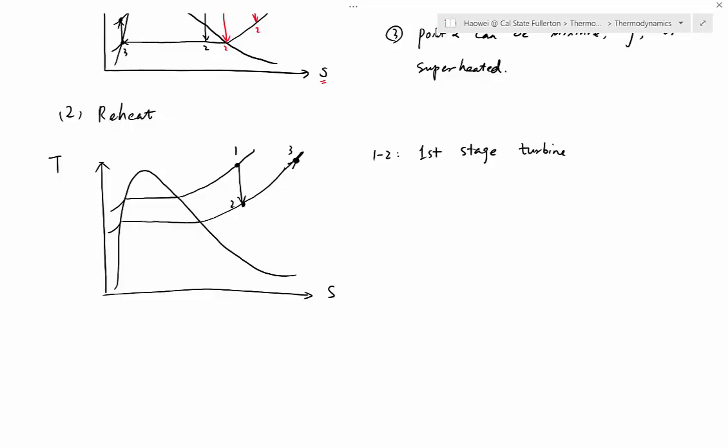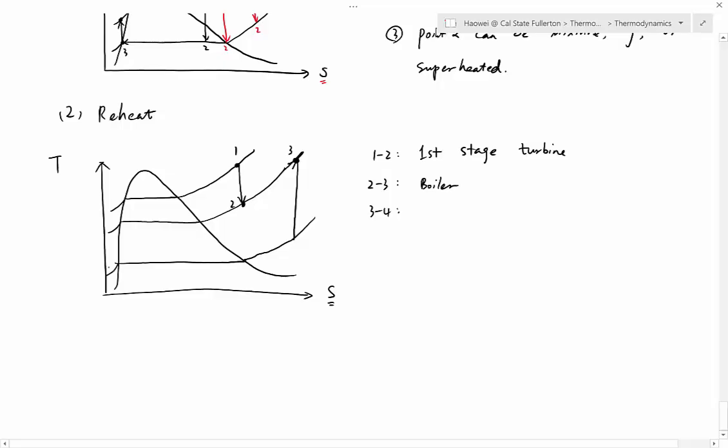Because if you gain heat, you also gain entropy, and entropy is the x-coordinate. If the x-coordinate becomes bigger, you must move to the right. 2 to 3 is the boiler. And then 3 to 4 is the second turbine.